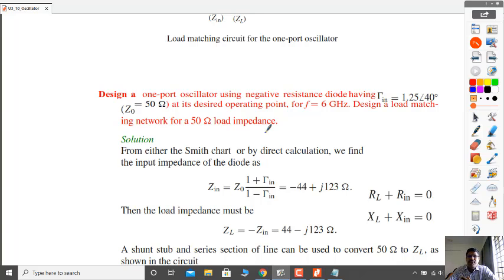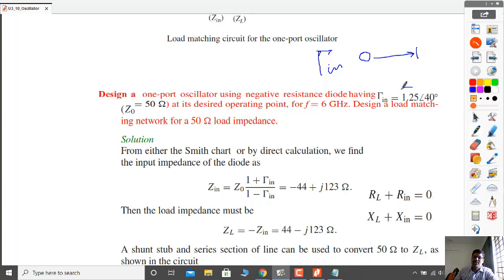The given diode has gamma in equals 1.25. Now you can see that the gamma in value is more than 1. For a positive resistance device, in general, the gamma in value varies from 0 to 1.